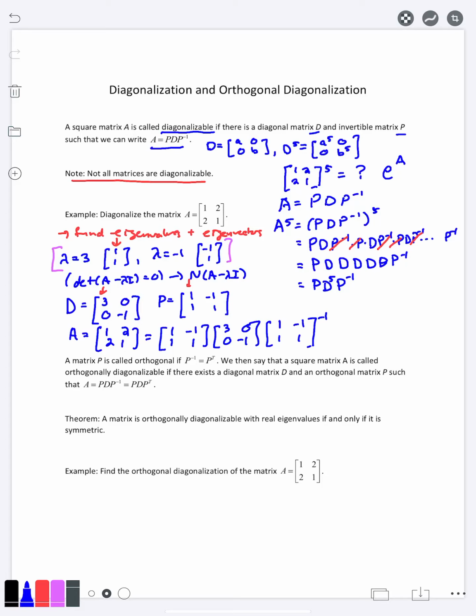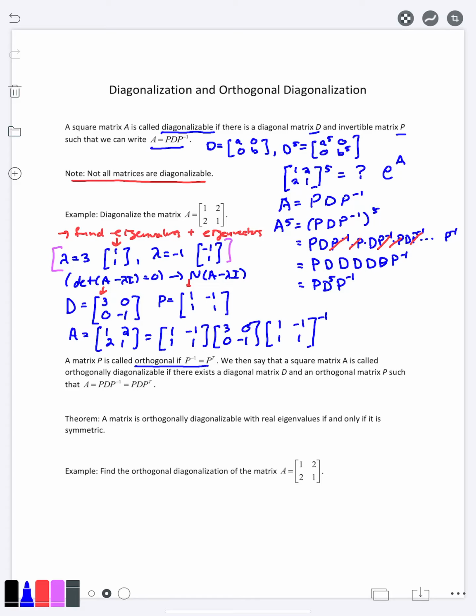Now, for the second part of this, we're going to look at something called orthogonal diagonalization. And what that means is, first off, the matrix being orthogonal itself is that when you take the inverse of a matrix, you're going to have the same thing as the transpose. So if you take a matrix and you take the inverse of it, and it works out to be the same as the transpose of the matrix, we call that an orthogonal matrix.